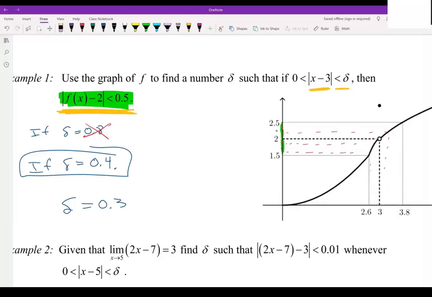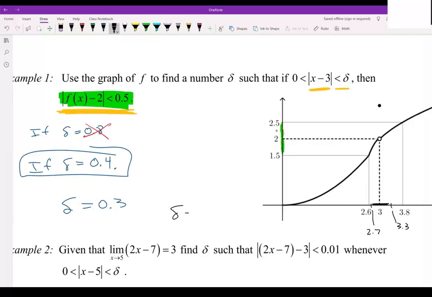But 2.7 and 3.3 will still, no matter what value I pick, if I put 2.7 there and 3.3 there, any value in this little region is going to translate to a y value in the green region. So we can do any delta that's 0.4 or smaller.